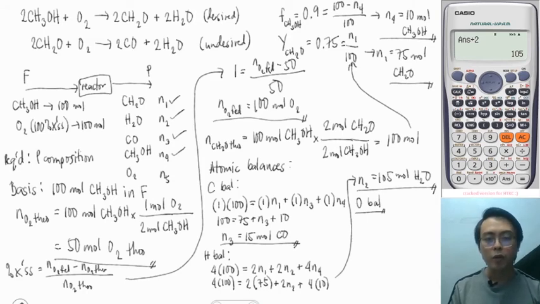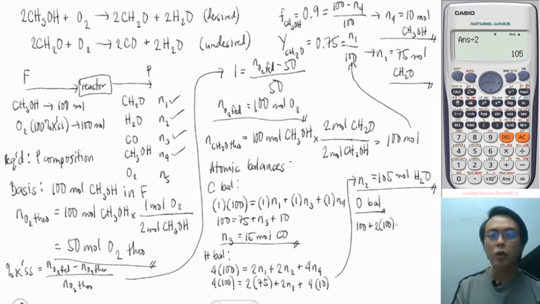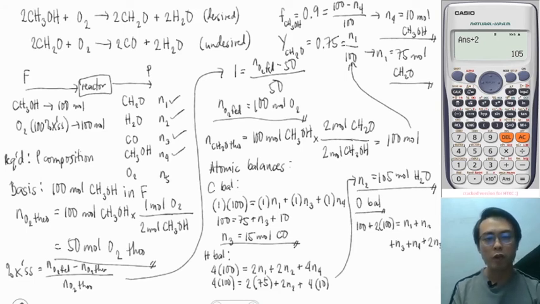For your oxygen balance, input, we have 1 oxygen on methanol, so that is 1 times 100, plus you have O2, that is 2 times 100, is equal to, in your products, 1 N1 plus N2 plus N3 plus N4 plus 2 N5. So we have 5 terms on your output side because all of your products contain oxygen.